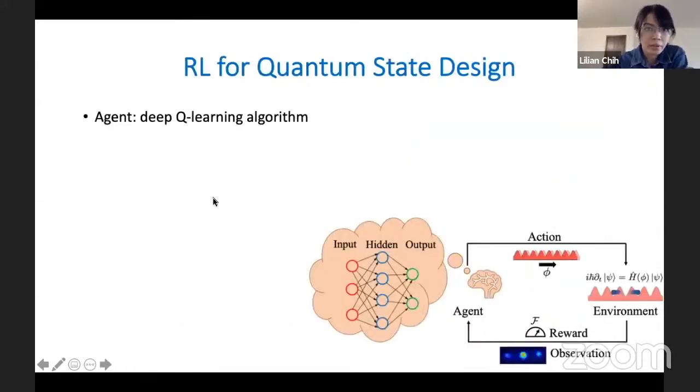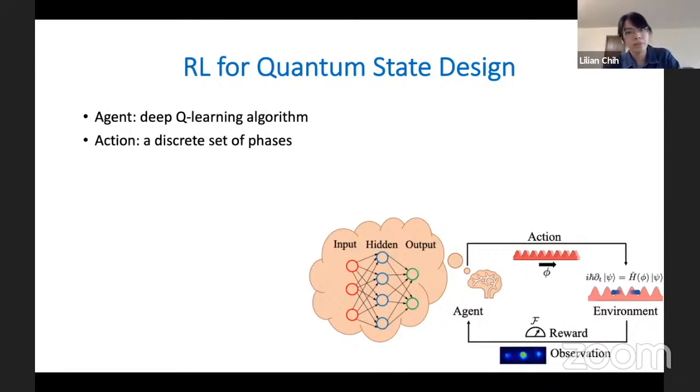Now here is how we map our problem to the reinforcement learning framework. The agent that we use is a deep Q learning algorithm, which I will explain more later. The actions are chosen from a discrete set of phases, and during each step, the phase remains a constant.